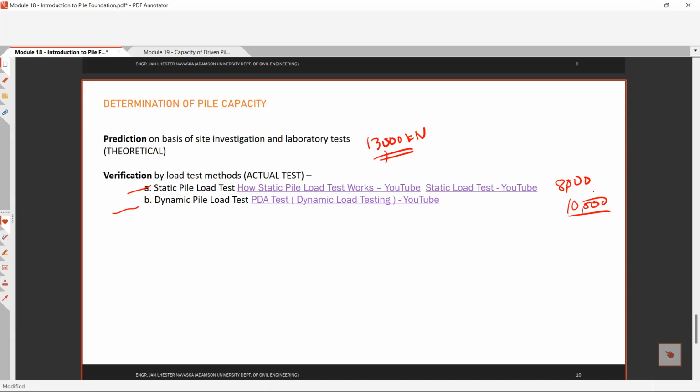Gagawin mo ngayon, magpo-propose ka ng panibagong piles. So, bago ka mag-propose, you need to verify muna yung loadings mo. Tama ba yung loadings mo? Pwede mo pa bang ma-optimize yung design? Okay. Yan yung mga cases. So, gumamit ka ba ng finite element analysis or just linear static lang? Okay? Or pwede mo i-consider nonlinear capacity.